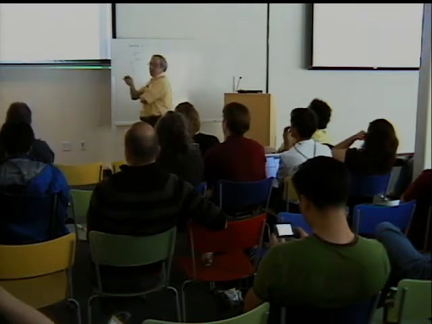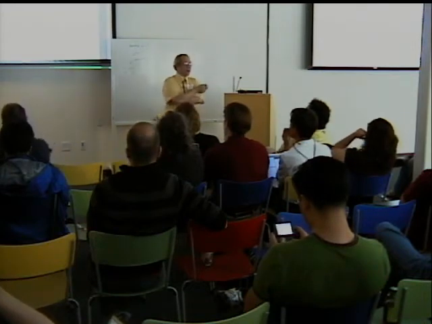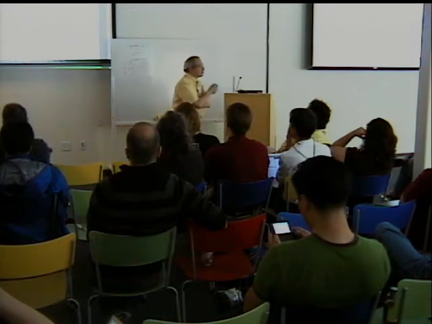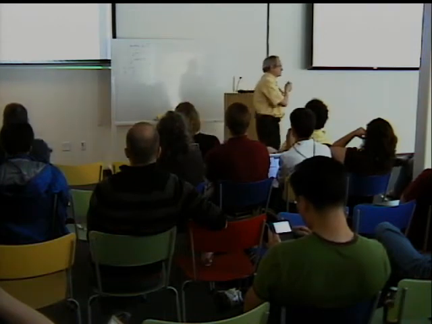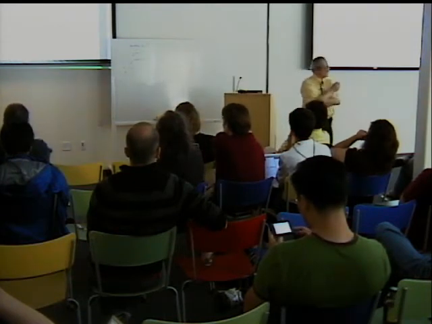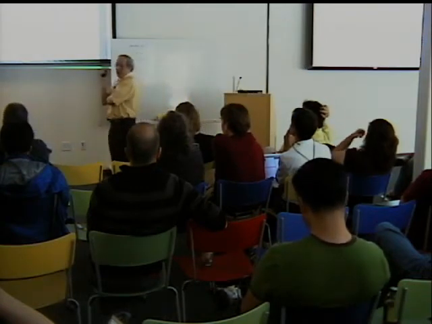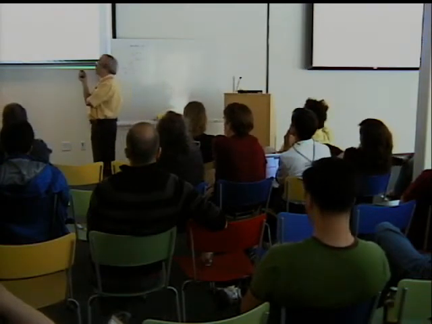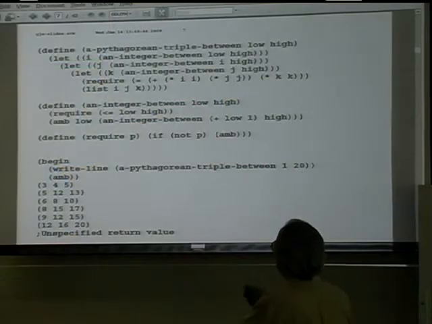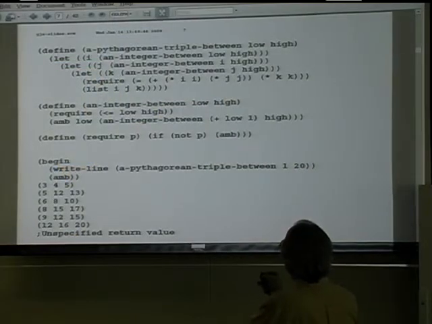Anyway, here's the kind of thing you can do with AMB, and then I'll show you how you implement this by a change in the structure of the combinators only. That's fun. So for example, supposing we want Pythagorean triples. I have some integer i between some low number and some high number, and let j be an integer between i and high, and let k be an integer between j and high.